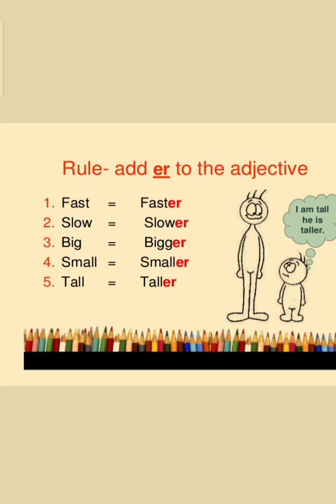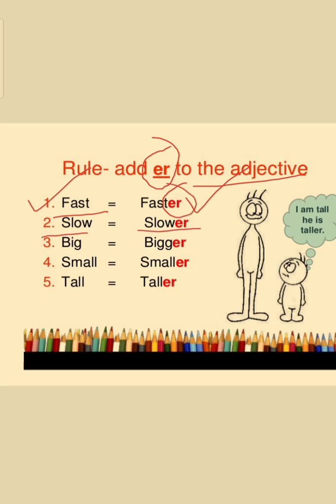So I repeat: positive degree পৰা comparative degree নিবৰ কাৰণে আমি কি কৰোঁ? We add er to the adjective. Say for example, this is the adjective, and here we are using er.